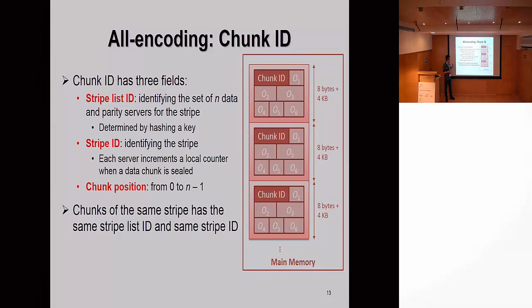For the stripe ID, basically the server will maintain a local counter, and when this data chunk is sealed, it will increment the local counter. So it has a unique stripe ID. And also, we identify the chunk position from 0 to n-1 to identify where the chunk belongs in the stripe. And the chunks of the same stripe will have the same stripe list ID and the same stripe ID.